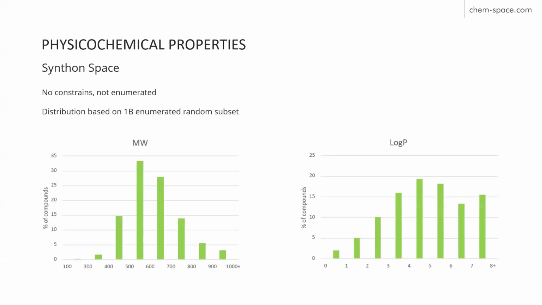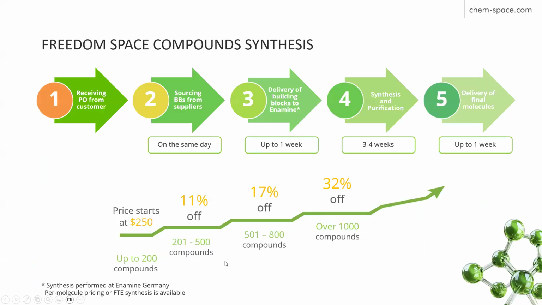This is an overview of physicochemical properties. You can see that the space contains rule of 5 and beyond rule of 5 molecules. And this is the workflow for how we envision the synthesis of these molecules, because once you use Freedom Space compounds for your discovery purposes, eventually you will need to synthesize some of them.